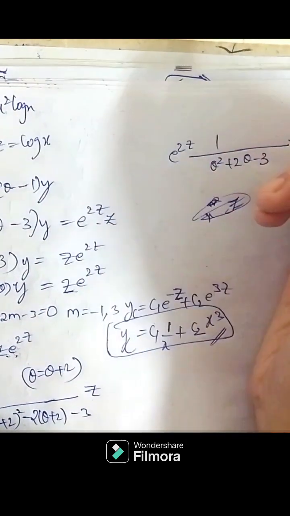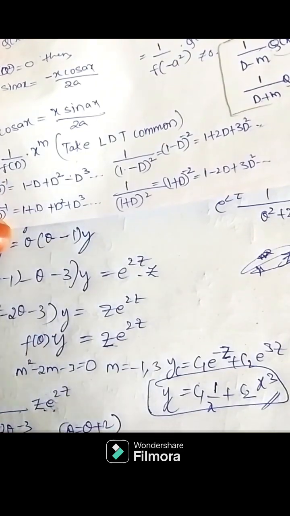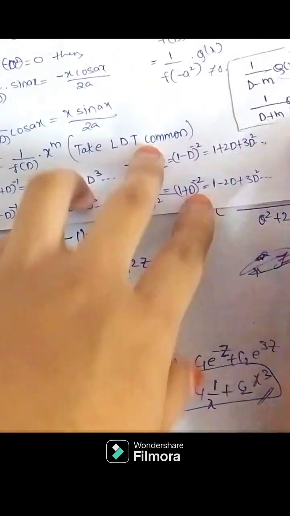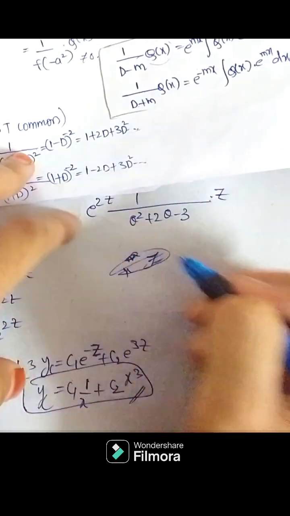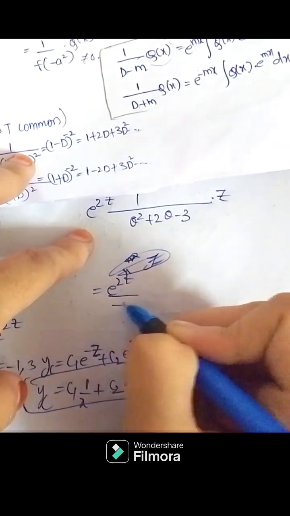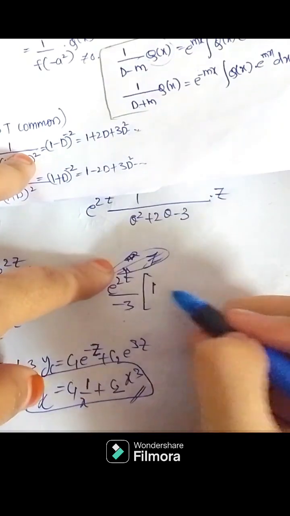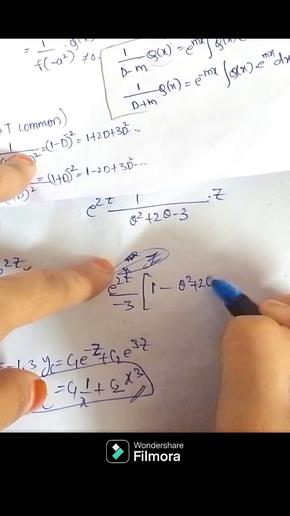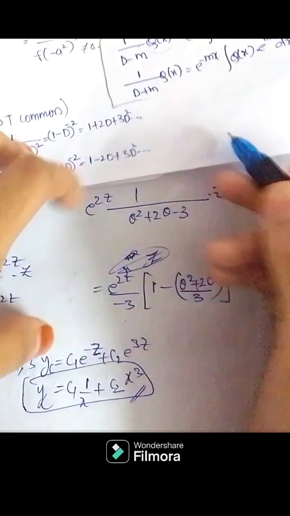Now what did we used to do? We should take the least degree term common. In case 3, we'll take the least degree term common. Here it is minus 3. So I'll take minus 3 common. So I'll get e power 2z by minus 3, 1 minus theta square plus 2 theta by 3. Bringing it from denominator to numerator.